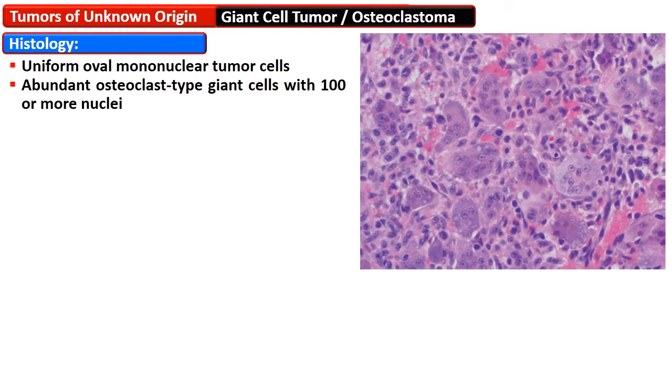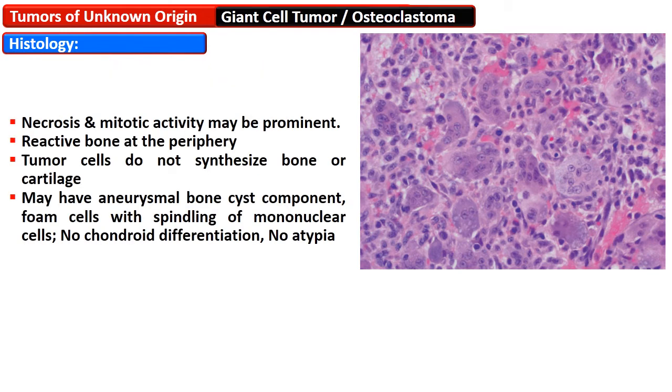The osteoclasts contain 100 or more nuclei, and necrosis and mitotic activity may be prominent, and reactive bone is formed at the periphery. Tumor cells do not synthesize bone or cartilage, and there can be an associated aneurysmal bone cyst component. Foam cells with spindling of the mononuclear cells are also seen. There is no chondroid differentiation and usually no atypia.